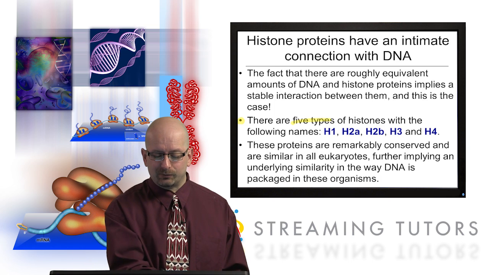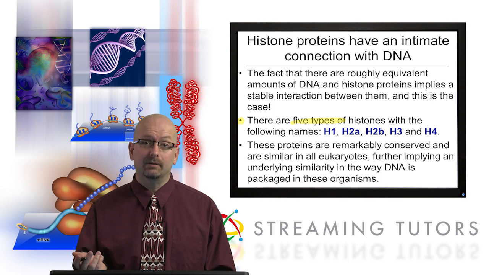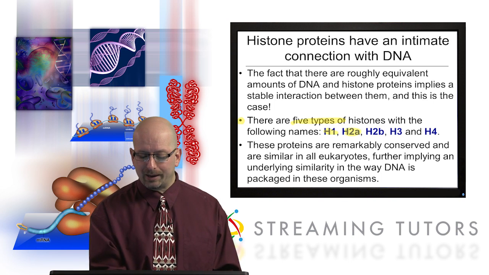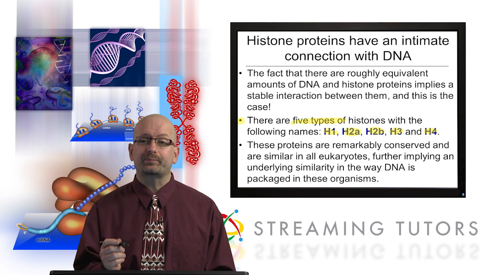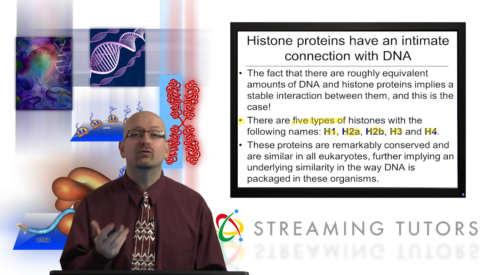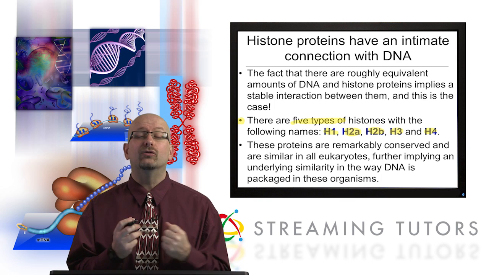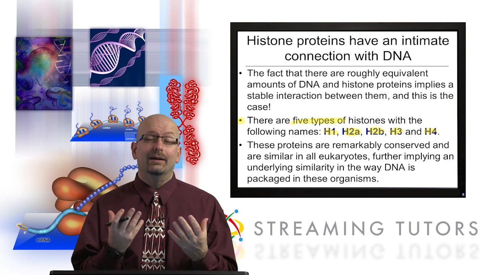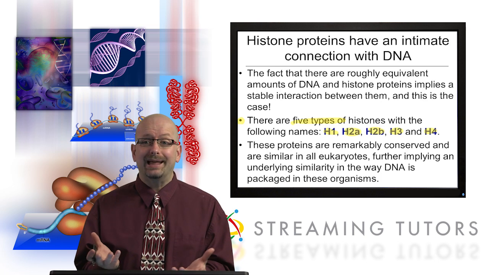There are 5 types of histone proteins. They're all named capital H and then a number. So we've got H1, H2A, H2B, H3, and H4. Now, I sort of just alluded to this, but these are really remarkably conserved and similar in all eukaryotes, meaning the amino acid sequence is very much similar, whether it's us, a mouse, even in plants.